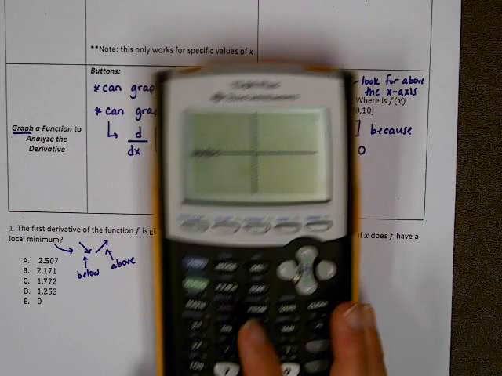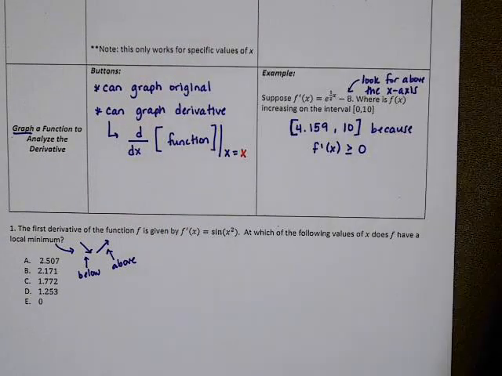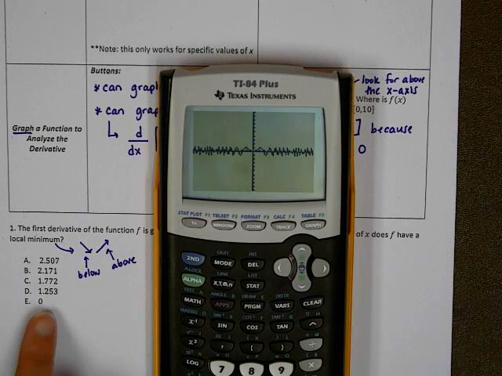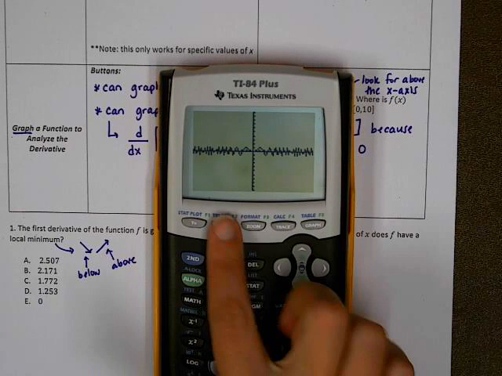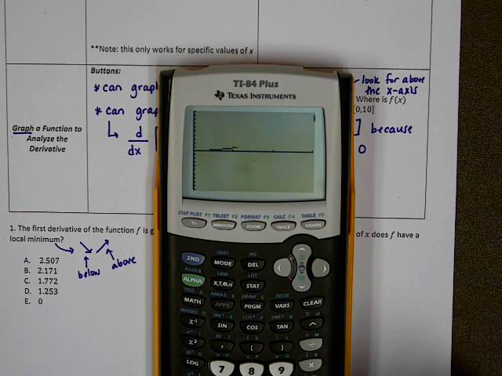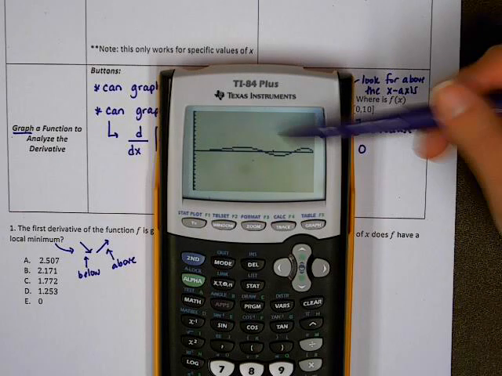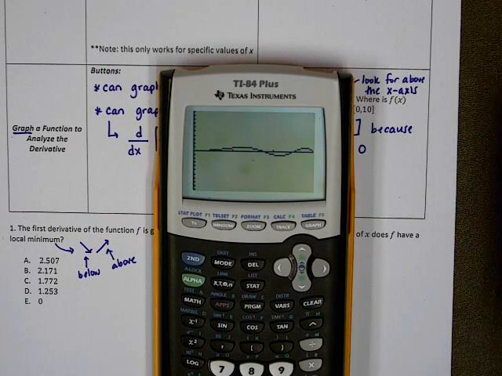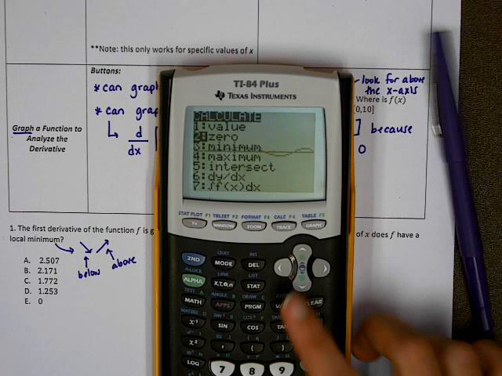Let's see here. Oh gosh. Well, it looks like all these numbers are between 0 and 3, so I'm going to change my window to go from 0 to 3 so that it's not quite so overwhelming. So it looks to me like the only place where the graph of the derivative changes from below to above is right here, which means I'm going to go ahead and calculate that 0.